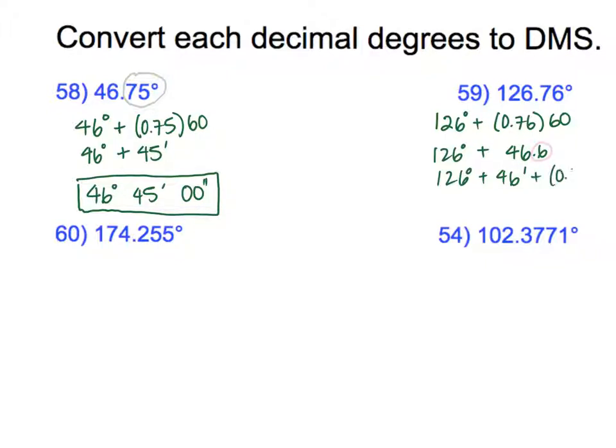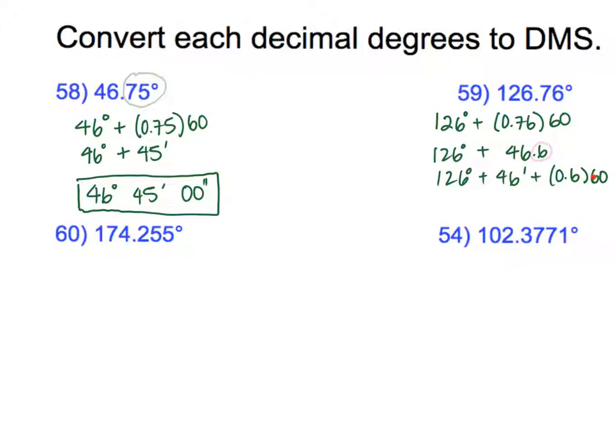Added on as 0.6, whatever the decimal is left over, and multiplied by, now most of you are going to think I have to multiply by 3,600 because that will help us find the seconds. But here's the thing: we multiplied by 60 the first time to this entire decimal form, so it has already had 60 multiplied. So we do not multiply by 3,600. Instead, we just multiply by another 60. You multiply by 60 to get the minutes the first time, and afterwards, if you have a decimal left over like this, you multiply by another 60.